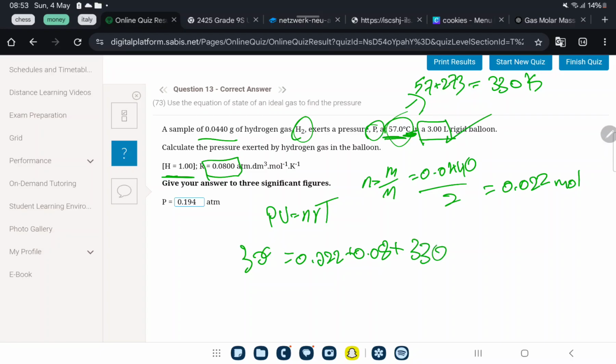So now you put it in your calculator, you get 0.1936. They want three significant figures, so you're going to round, so 0.194.